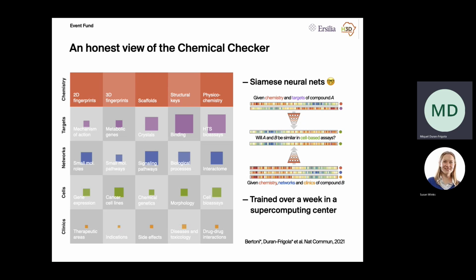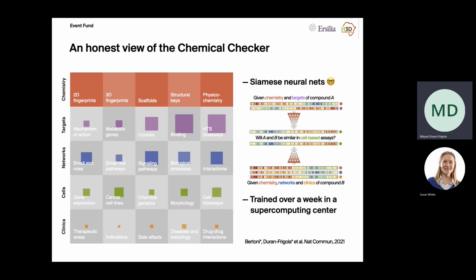For instance, if I want to compare the side effects of compounds, but I don't know their side effects, I look at other spaces like gene expression. Perhaps I have some binding data, and for sure I have chemical data. Based on the data that I can collect somewhere else, I try to make an inference here.